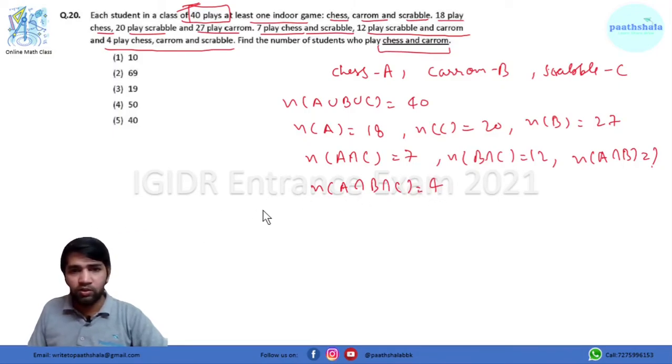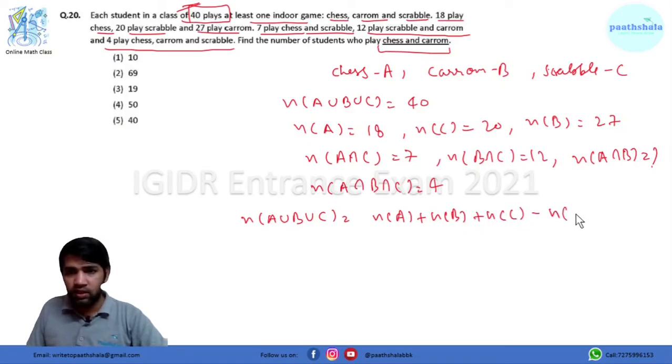Now applying the property, N(A union B union C) is equal to NA plus NB plus NC minus N(A intersection B) minus N(B intersection C) minus N(C intersection A) plus N(A intersection B intersection C).